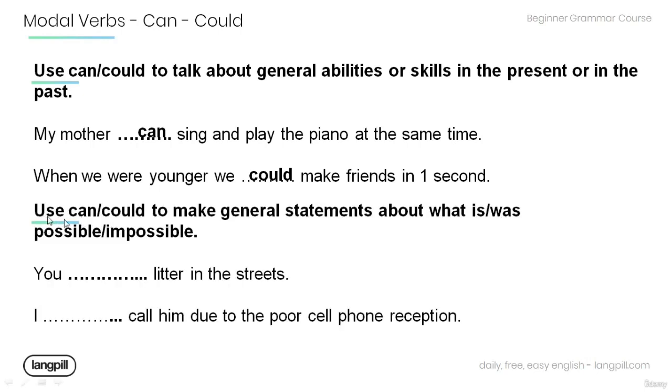Also note that we use can or could to make general statements about what is or was possible or impossible. Read the following sentences and fill in the blanks using the appropriate forms of the modal verbs.